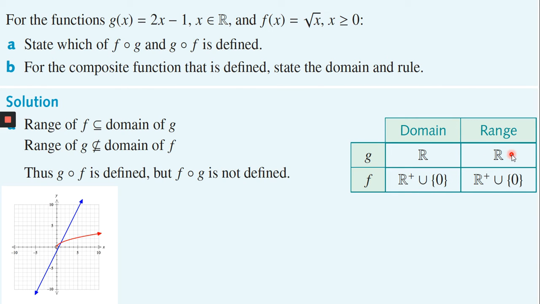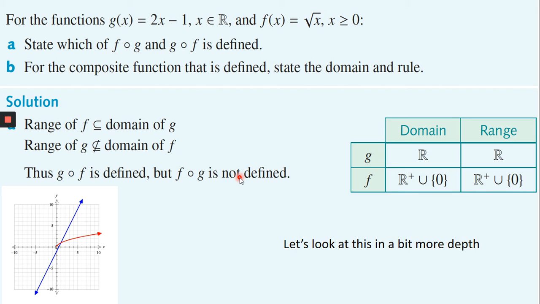So all real values aren't also all positive real values, because this one includes negative numbers, this one doesn't include negative numbers. So g∘f is defined, but f∘g is not defined.